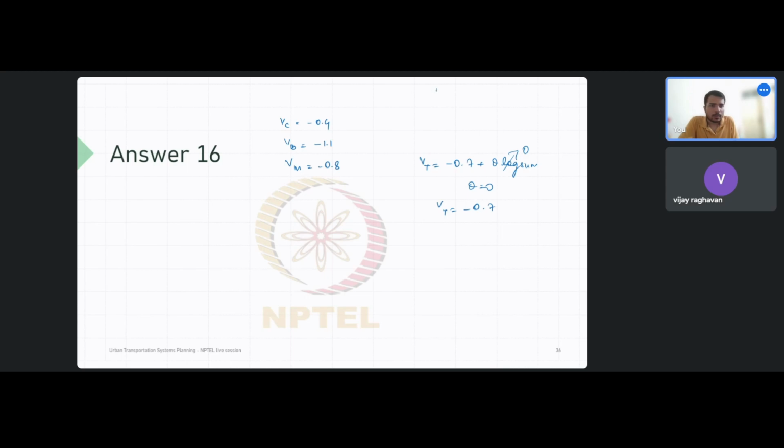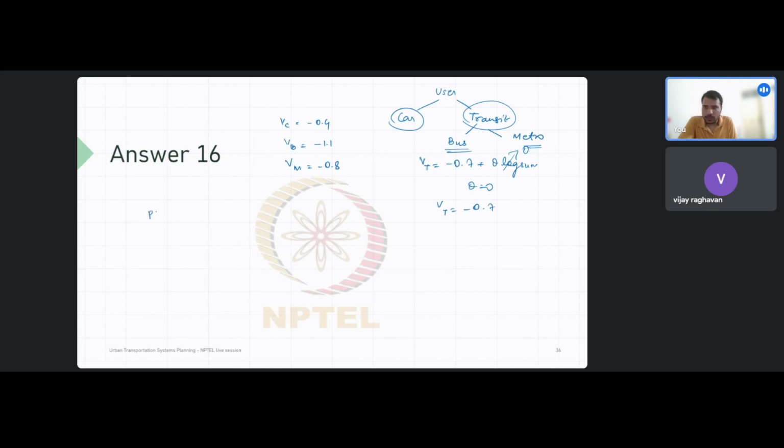Basically there is the user. He can choose between car or he can choose transit. And transit is further classified into two modes, bus and metro. So the upper level choice is between car and transit, and then at the lower level he will choose between bus and metro.